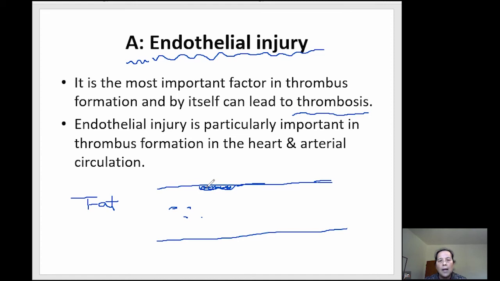Now something touching there can make it rough. It's not smooth anymore. So the inside of the blood vessel is kind of injured. So that's the first aspect.